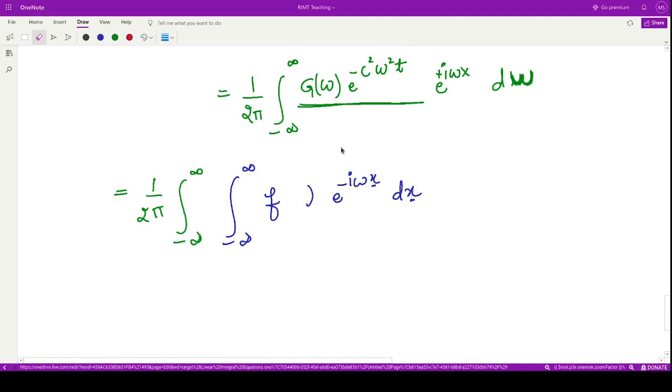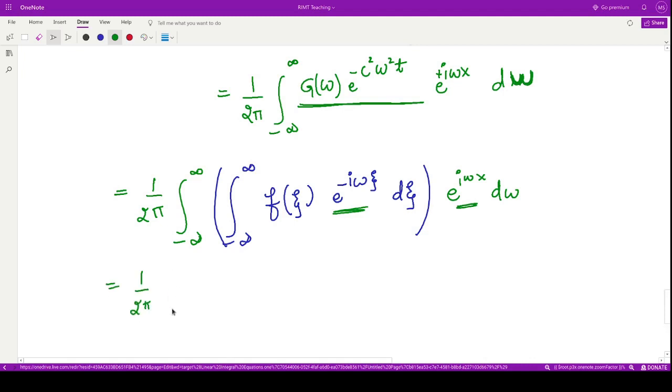So this thing becomes equal to f of zeta e to the power minus iota omega zeta d zeta, right? And we have the other term as e to the power iota omega x d omega, right? So now I could club these values together. It would be 1 by 2 pi integration from minus infinity to infinity, integration from minus infinity to infinity, f of zeta e to the power minus iota omega.